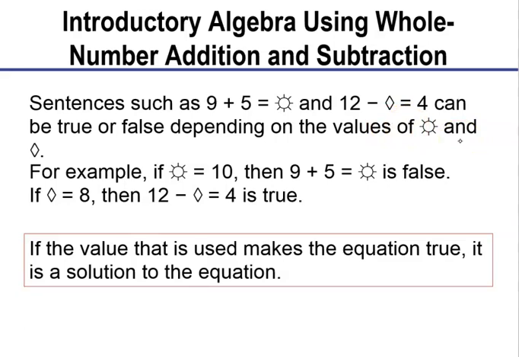So for example, if your sunshine here is equal to 10, then 9 plus 5 equals 10 is a false statement. If your diamond is equal to 8, then 12 minus 8 equals 4 is a true statement. So if the value that is used makes the equation true, it is called a solution of the equation.